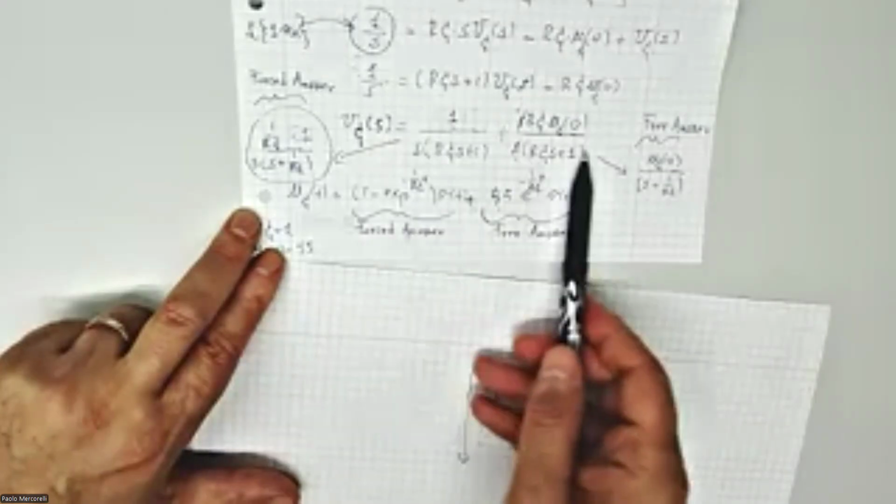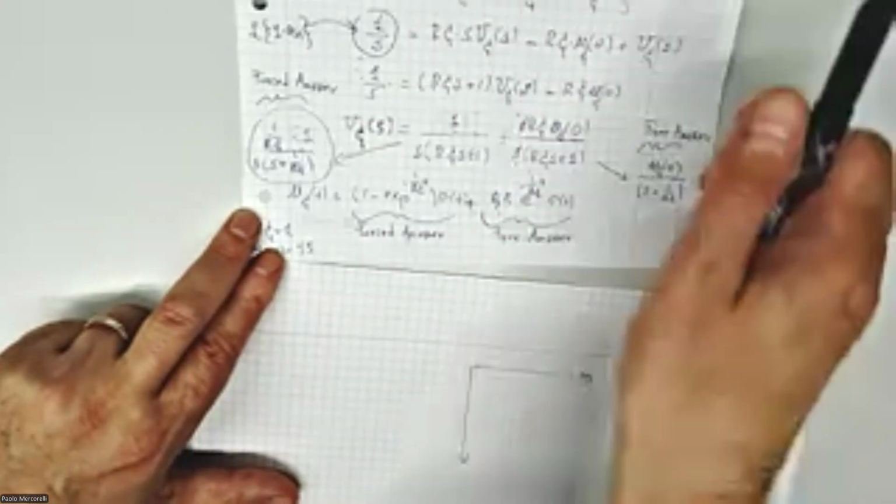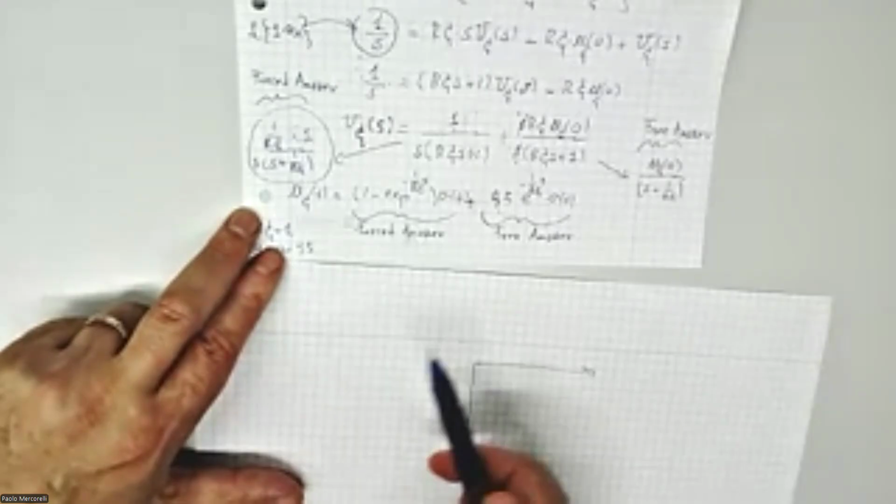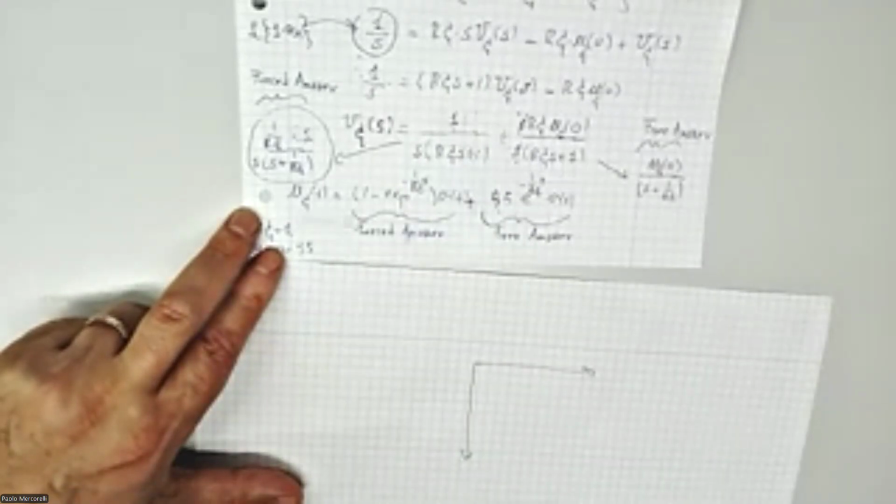Let me show you quickly with the table, and then we will redo quickly the calculation, and we will see how we can consider this.